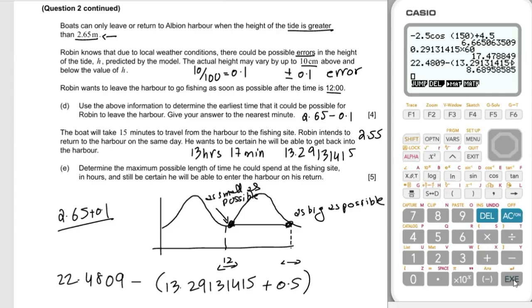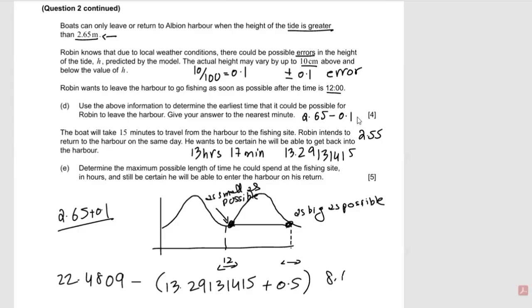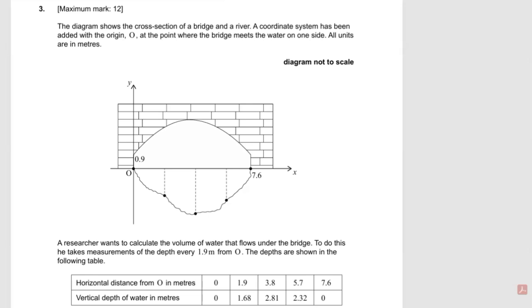And here we go. That's going to be 8.6896, which will approximately be 8.69, right? So nowhere does it say give your answer to the nearest minute or something. So that's it.